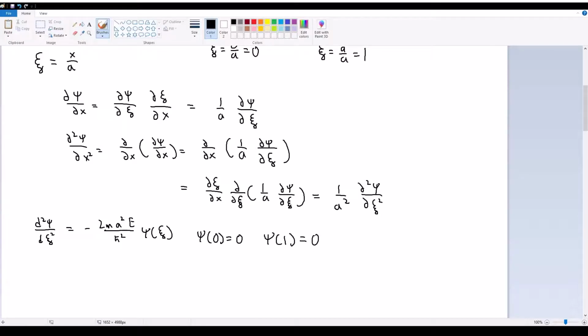Now, at this point, we would normally do odeint in Python as we've done in 2.55 and 2.56. There is a slight problem, which is that odeint can't actually work with non-zero initial conditions. What I mean by that is that the standard initial conditions are that psi of 0 has to equal something, and then psi prime of 0 has to equal something.